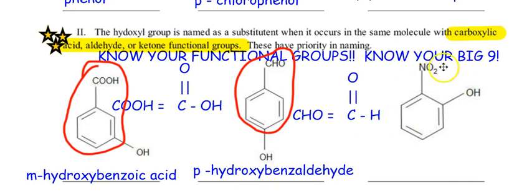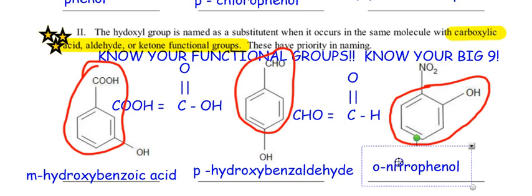So what about this? This is a nitro group. Is nitrobenzene a big 9? No, it is not. So now what takes the priority? It is not the nitro, it's the hydroxyl. So then this is your big 9. And what do we call that? That is your phenol.